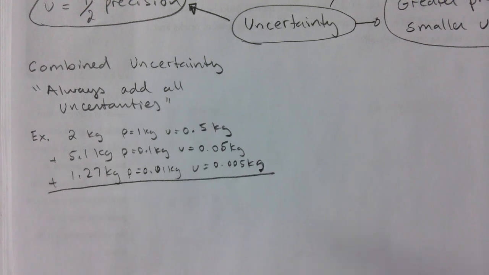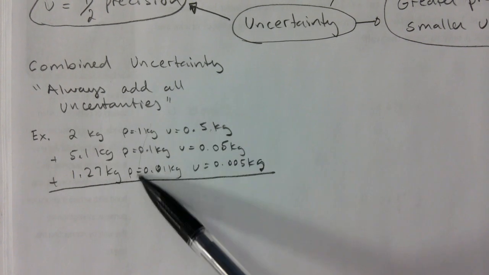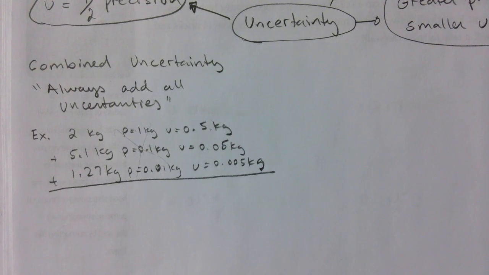If you're supposed to do this all in one shot, I would just put the precision on the uncertainty like this. Obviously, we don't care about the precision when we add.